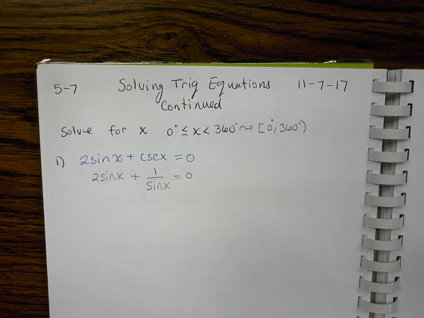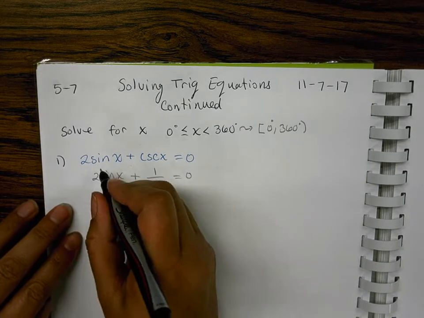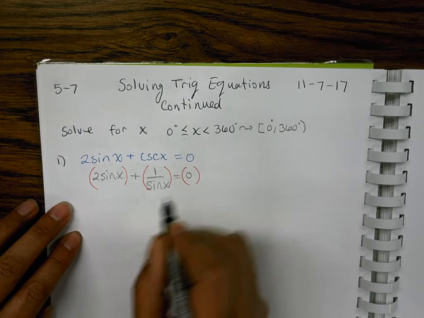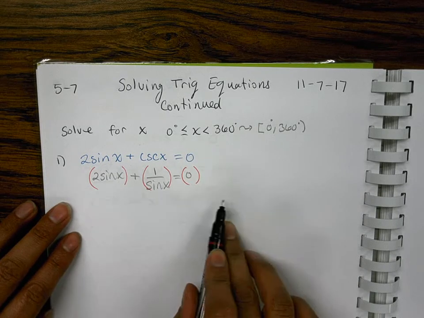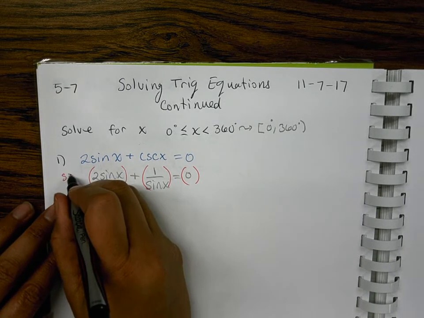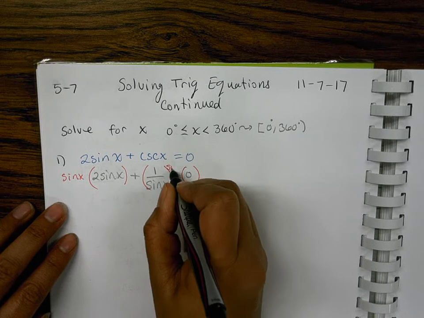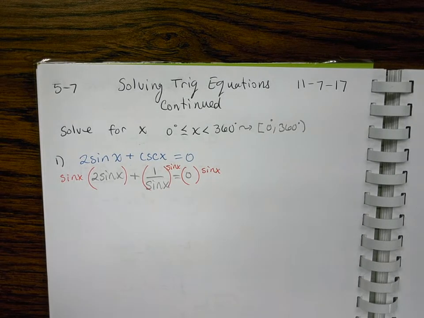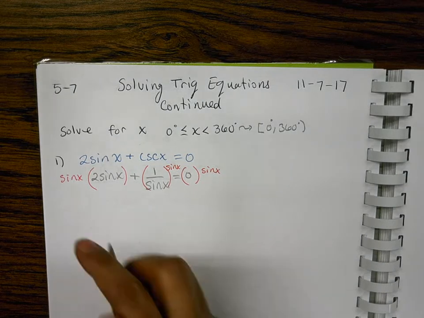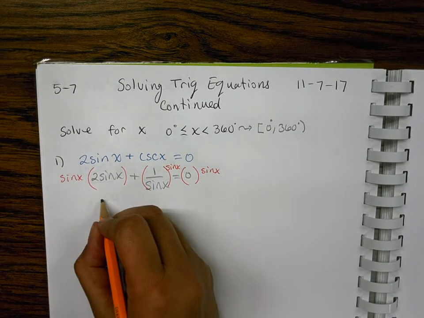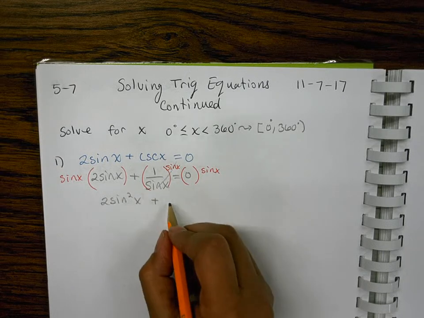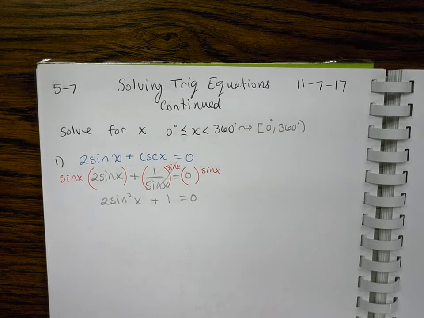And the 0 stays. Alright, so we're going to multiply to clear, and you clear a fractional equation by multiplying everything by sine of x. So first piece, you end up with 2 sine x times sine x is 2 sine squared x, plus that crosses out, you're left with 1 equals 0.